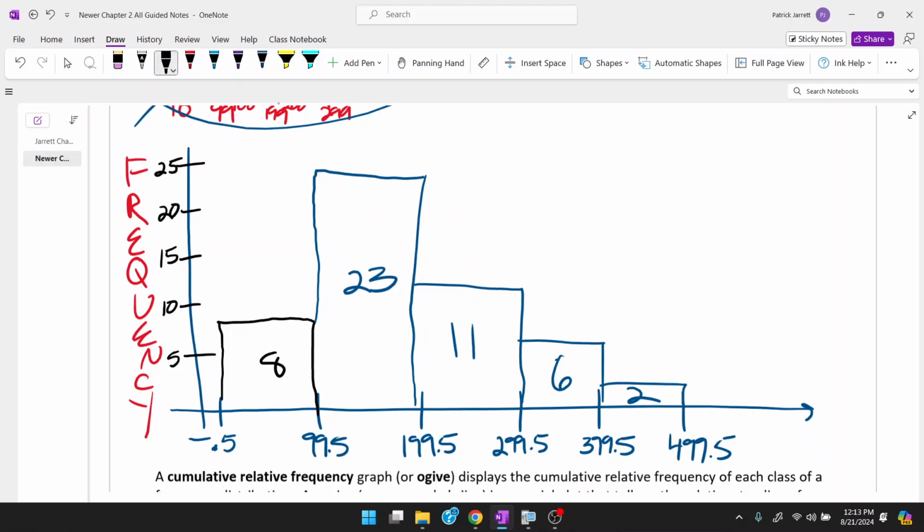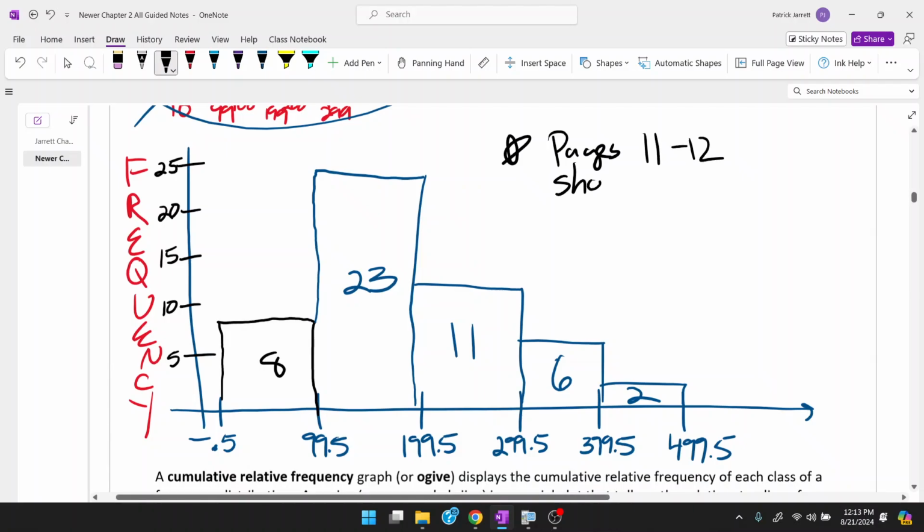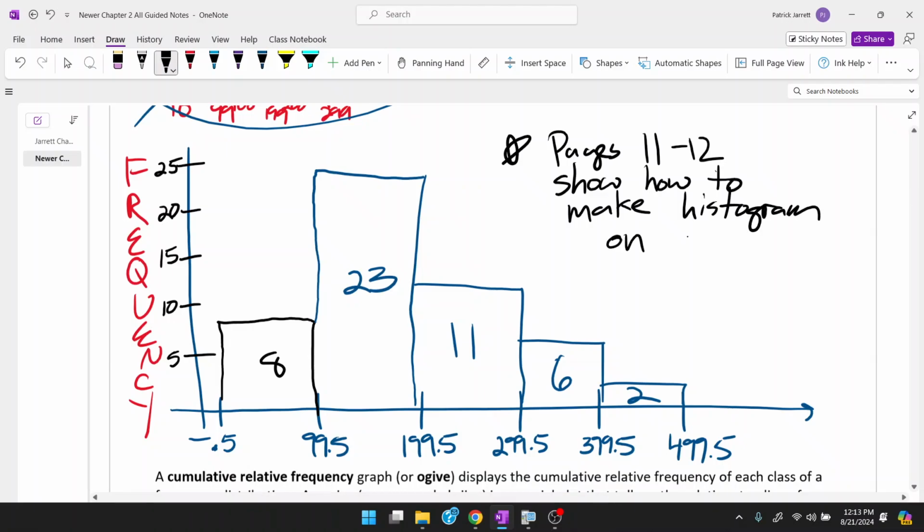Now, so here's the thing. I'm also going to point out here, pages 11 and 12 show how to make the histogram on the calculator. But here's the thing. The example that's shown in the notes there is different from the example we're working on here.